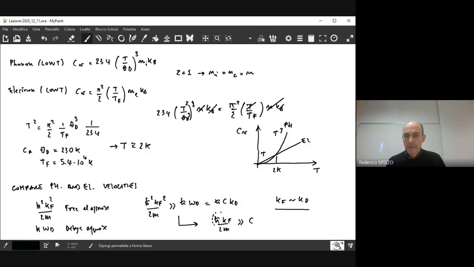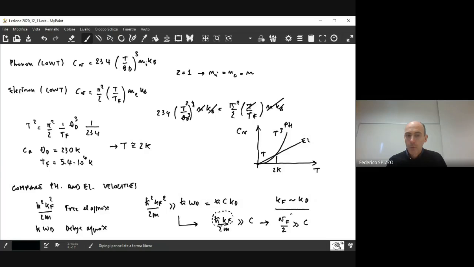In the free electron approximation, h bar k_F is the electronic momentum. Momentum divided by the mass is the speed of the electron. So this means that the Fermi velocity divided by 2 is larger and larger with respect to c.